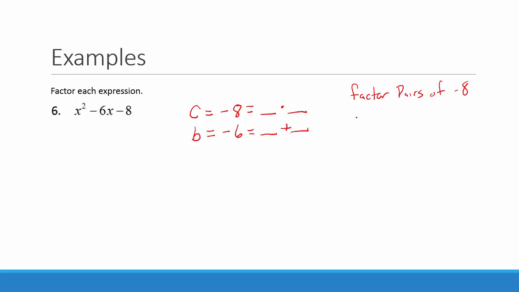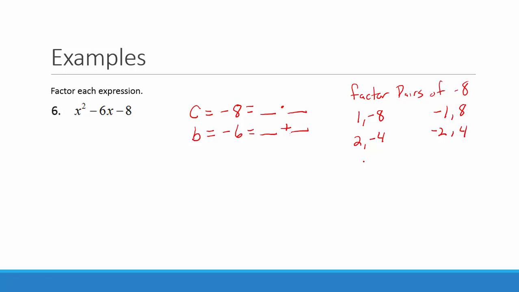We can multiply to get -8 using 1 and -8, and -1 and +8, 2 and -4, and -2 and +4. 3 does not divide 8. 4 does, but we've already have our factor pairs with 4's in them.